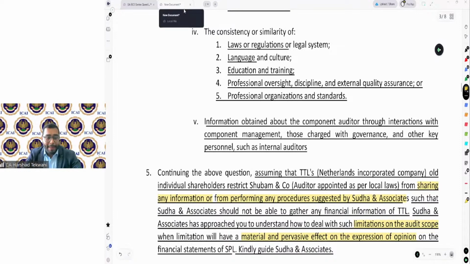What should be the impact? How should they deal with this? It is very important to understand the reason, because it is not only related to this particular topic, but also to other topics.